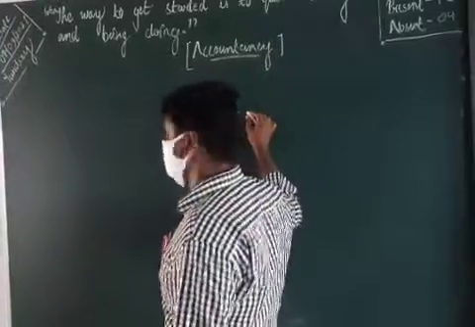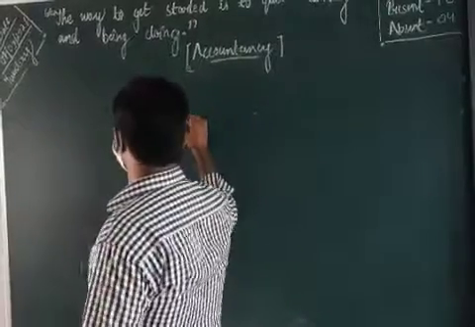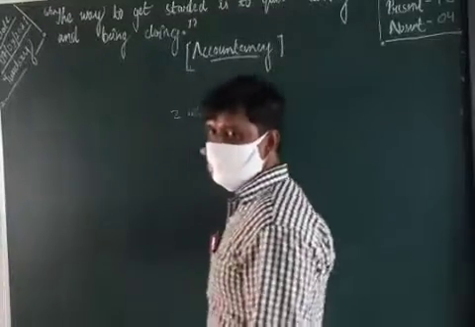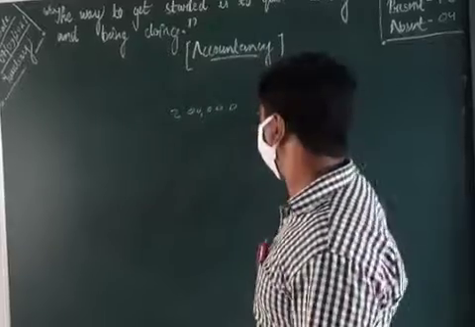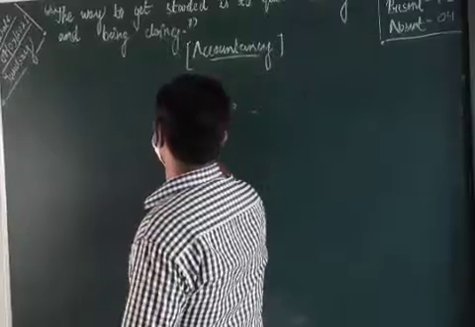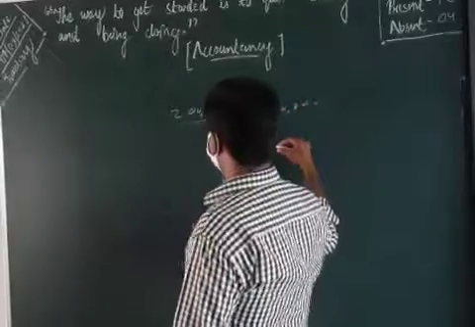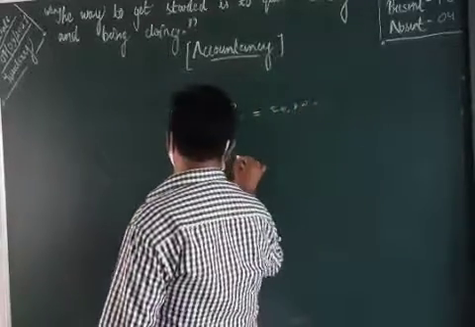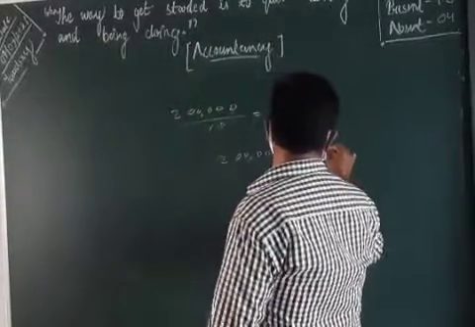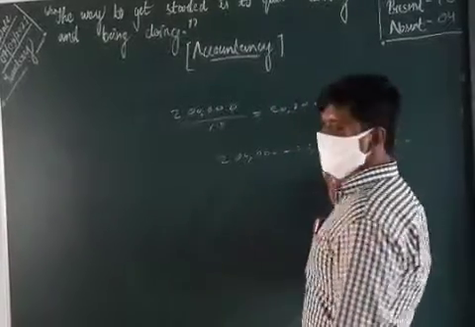In this year, take its value as 2 lakh itself, and we find 10% depreciation. How much is that? 20,000. That means from the asset value we reduce 2 lakh minus 20,000 in this year, and we get 1,80,000.